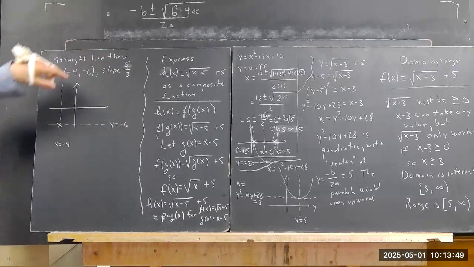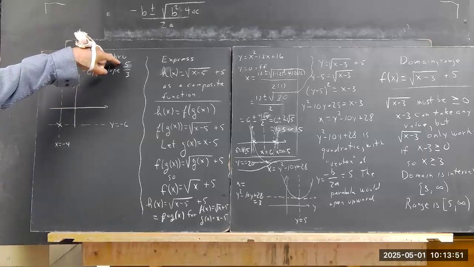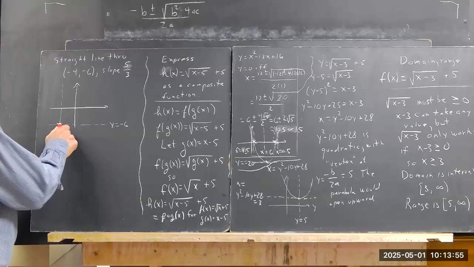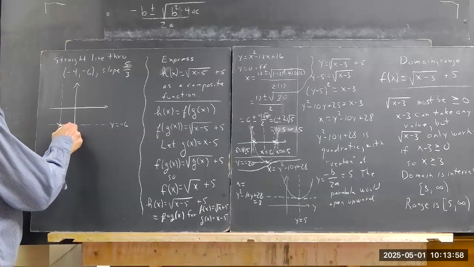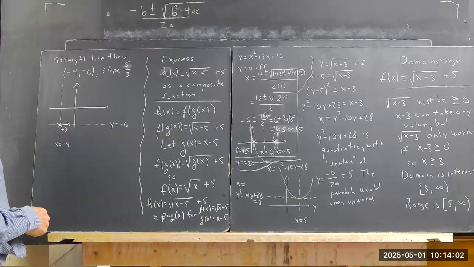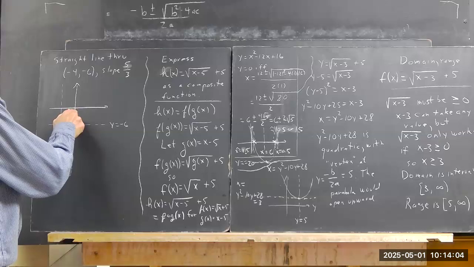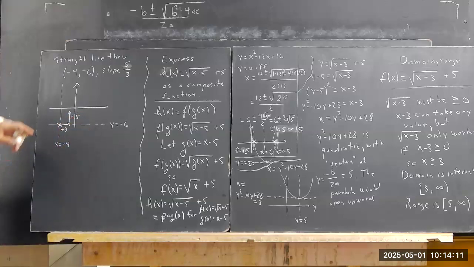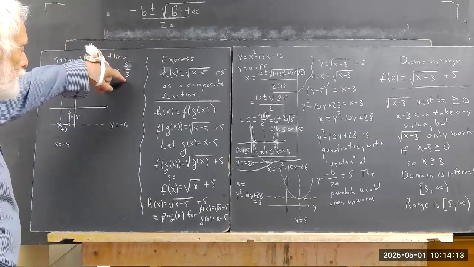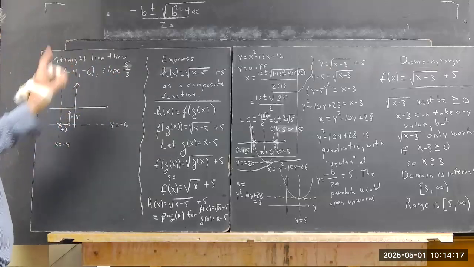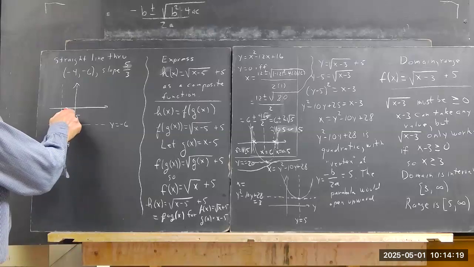Now, if the slope of this line is 5/3, that means if I move over 3 units here, then I'm going to move up 5 units. Because of course the slope is rise divided by run. Run is how far you go this way, rise is how far you go this way, so we get a form here.